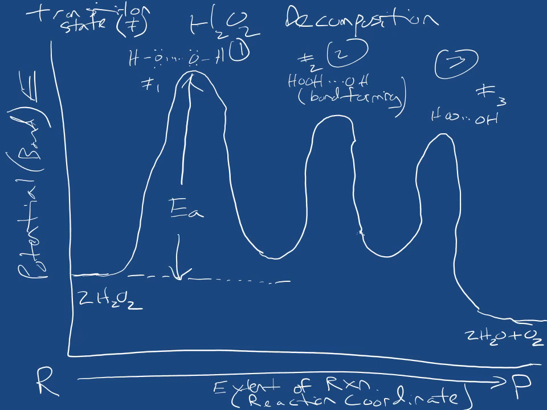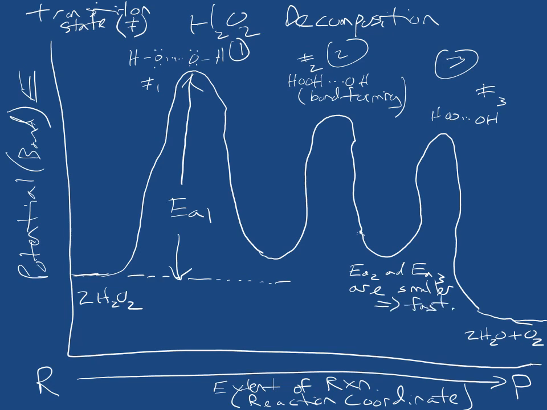So we have EA1, and then EA2 and EA3 are smaller, which for kinetics means fast.